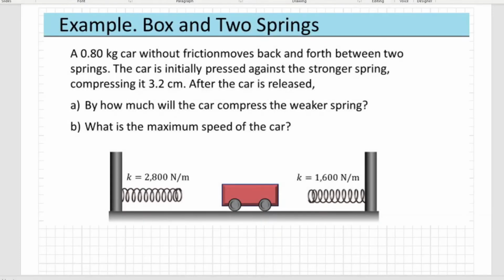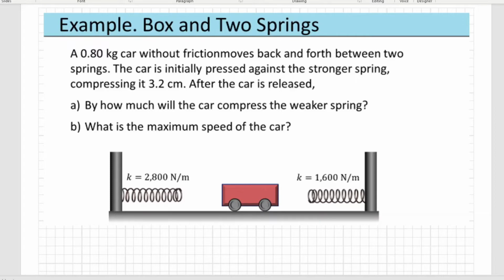Let's work another problem of conservation of mechanical energy. In this case, we have a car that can move between two compression springs. Each spring has a different spring constant value, and we initially compress the car against the spring that is stronger, and that means we will compress the car against the spring with the highest K, because remember, the spring constant measures how stiff the spring is.